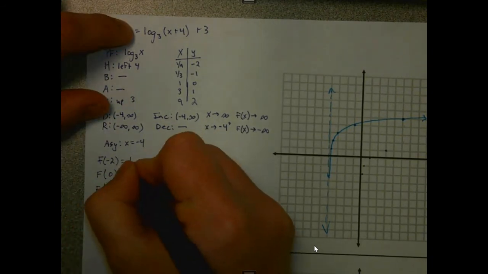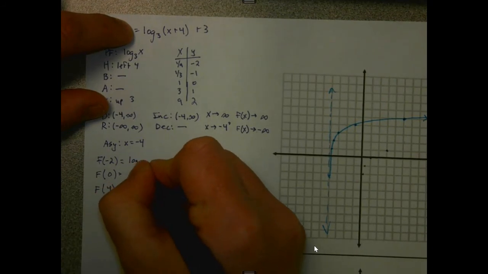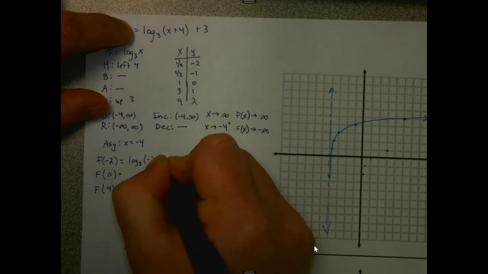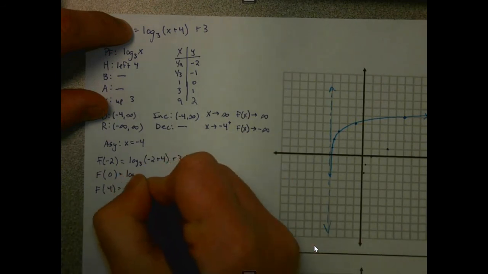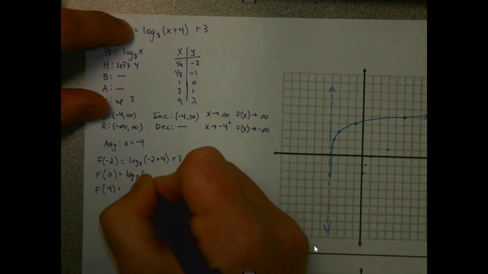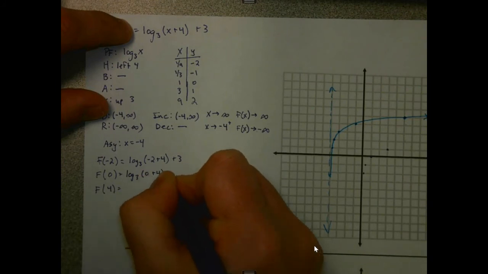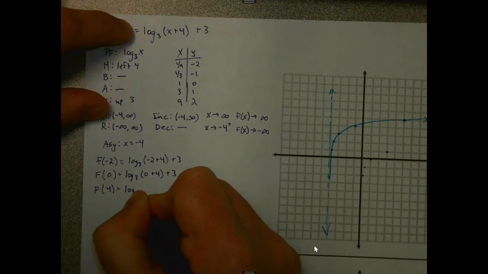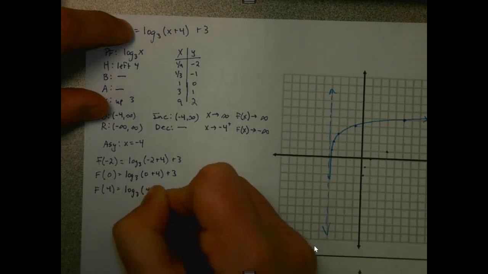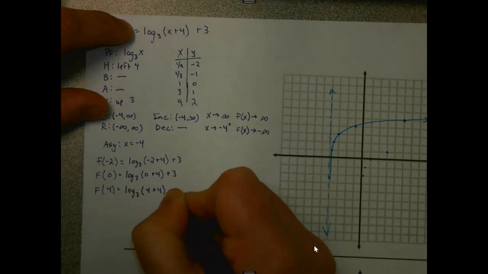So that's log base 3 of (-2 plus 4) plus 3, and log base 3 of (0 plus 4) plus 3, and log base 3 of (4 plus 4) plus 3.